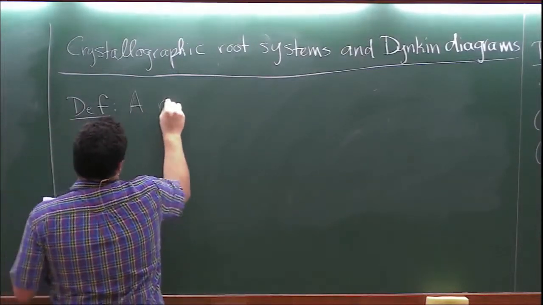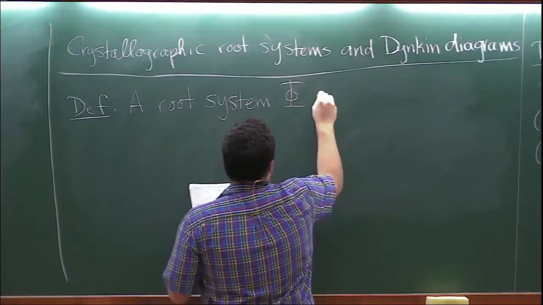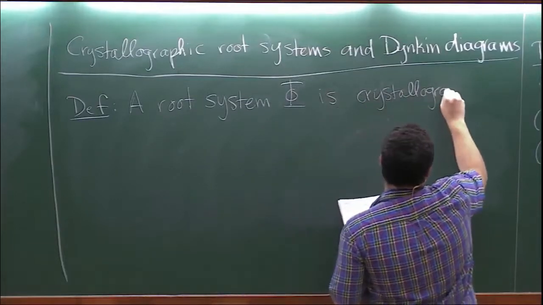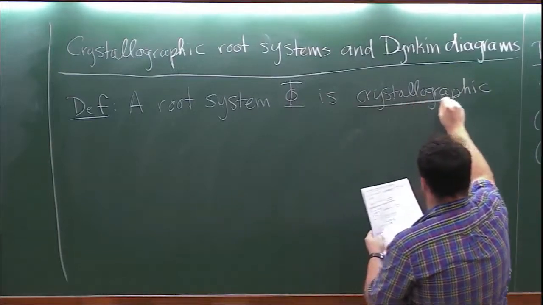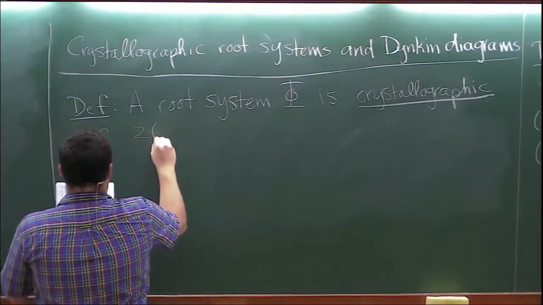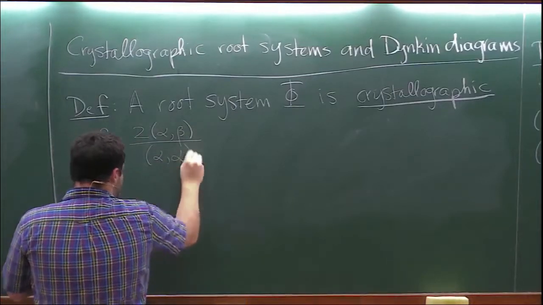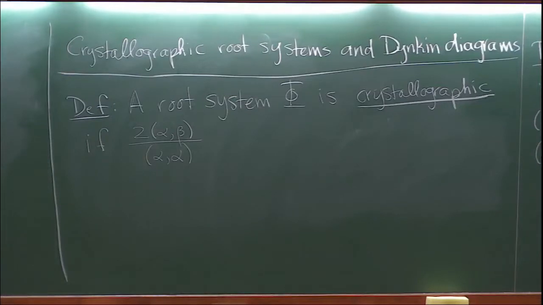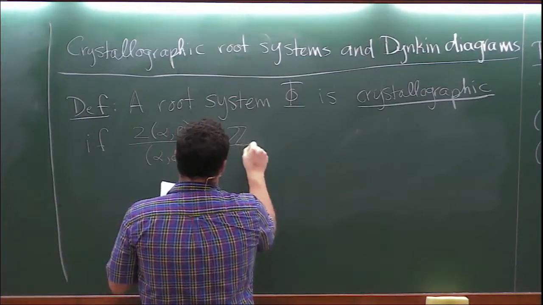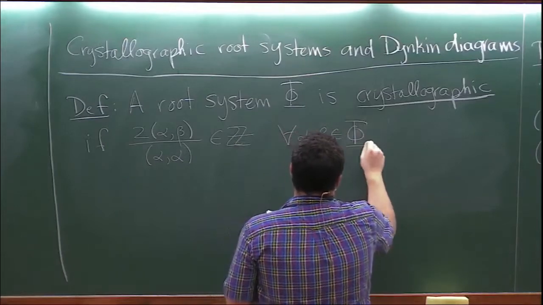A root system phi is called crystallographic if this quantity, 2 times the inner product of alpha and beta over the inner product of alpha with alpha, which we've seen before in this reflection formula, is an integer for every pair of roots that we have inside of our root system.